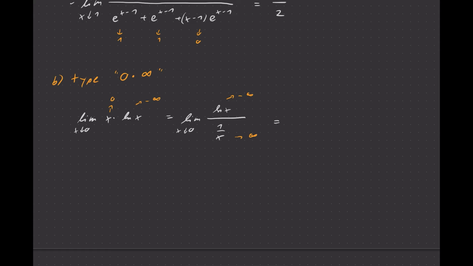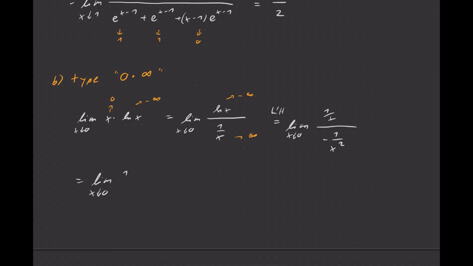We can apply L'Hopital's rule now. And if we do that, the derivative of the ln is 1 over x. The derivative of 1 over x is minus 1 over x squared. So what we get is the limit as x tends to 0.